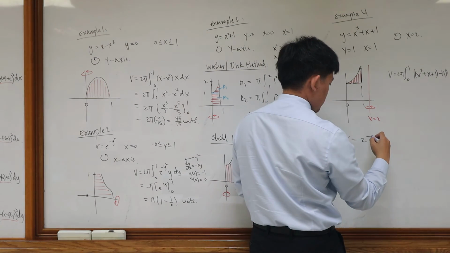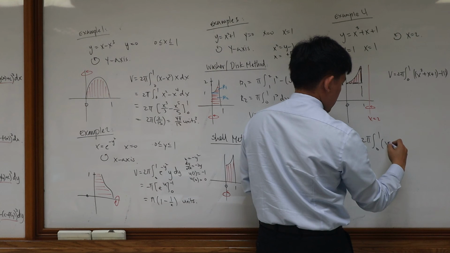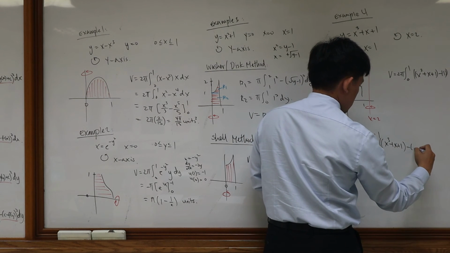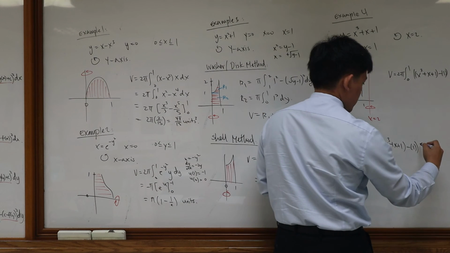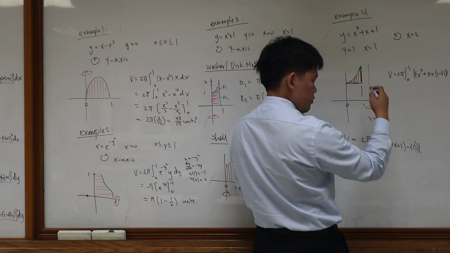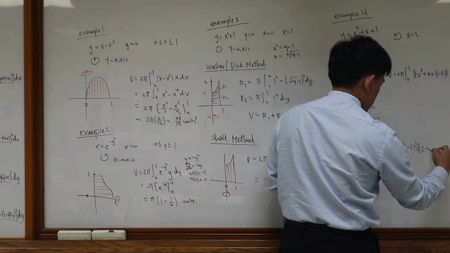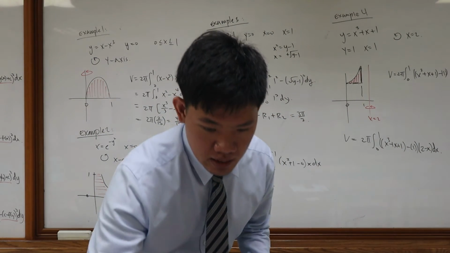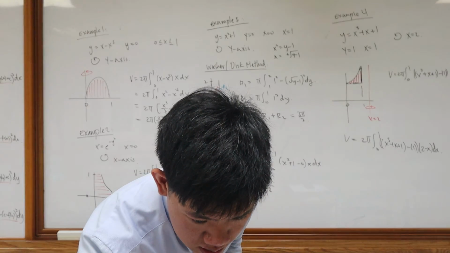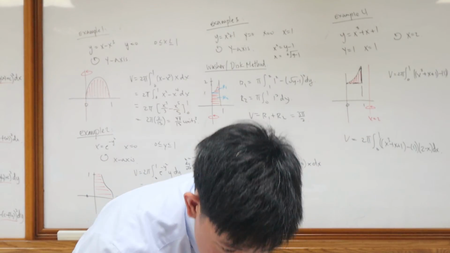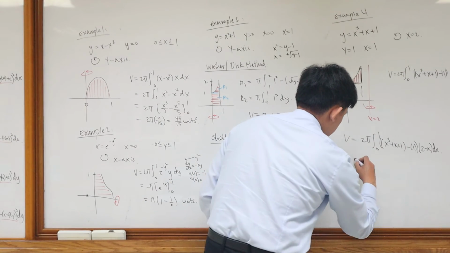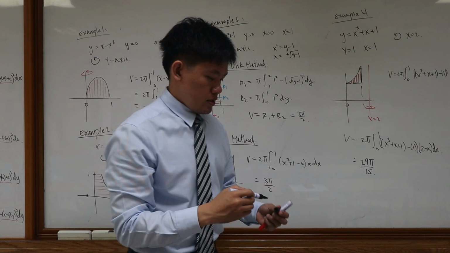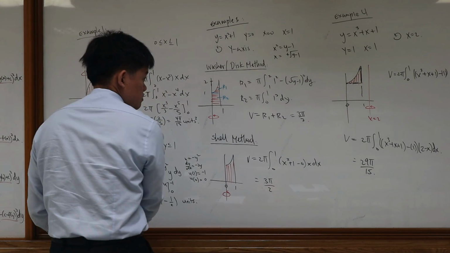The volume is equal to 2 pi between 0 and 1, x cubed plus x plus 1 minus 1, and my radius would be 2 minus x dx. So the answer for this question is equal to 29 pi over 15. So that's the situation for this question.